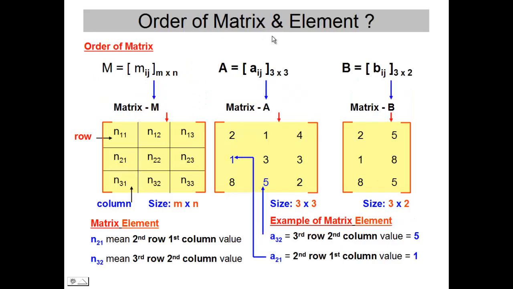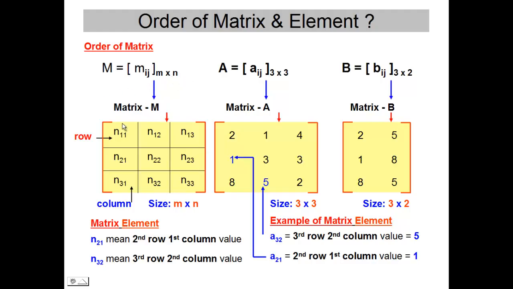Order of matrix and element. Order of matrix. We can represent any matrix like M equal to, in square brackets, M of ij, m cross n.